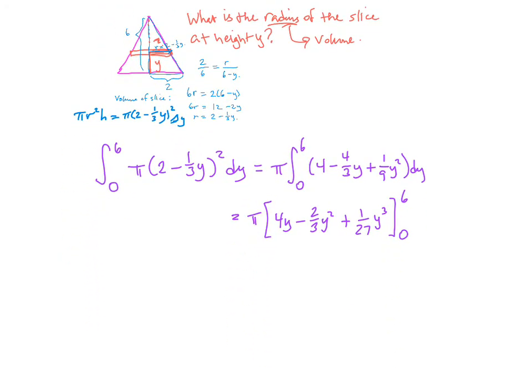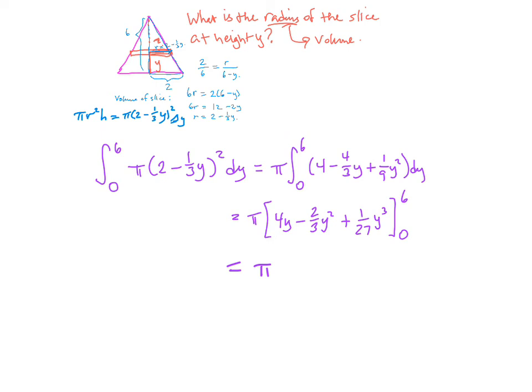Well, that's going to be pi. And the lovely thing about this is I know that when I substitute y equals 0, each of these terms vanishes. So I really just need to worry about what each of these is when y is 6. So I get 4 times 6 minus 2/3 times 36 plus, mental math test, 1/27 times 6 cubed. I believe that's 216.